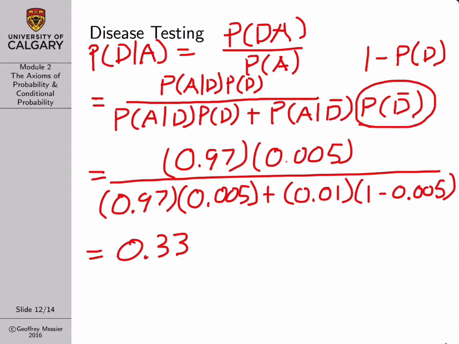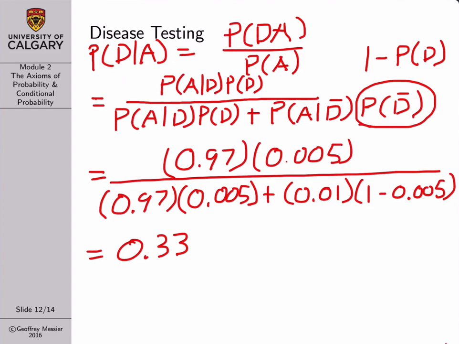So the probability that we have the disease, given that our machine has set off an alarm, is only equal to 33%. So when the red light goes off on the machine, we're sending people to the hospital, and only 1/3 of those people actually have the disease that we're testing for.